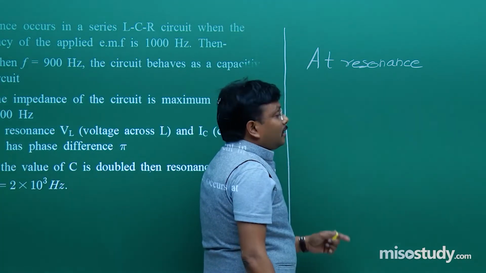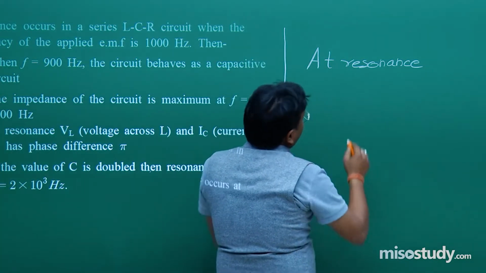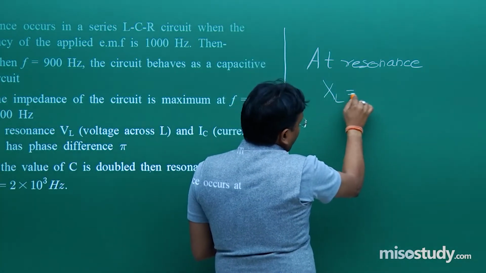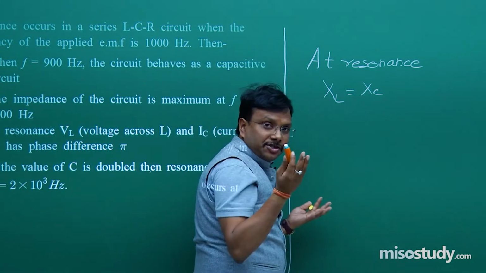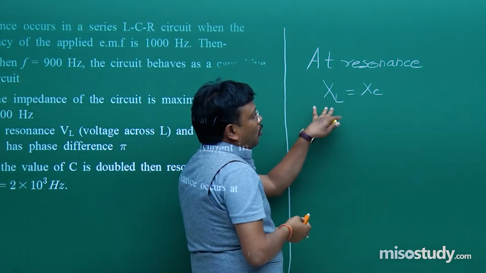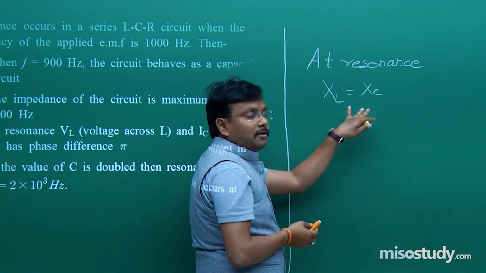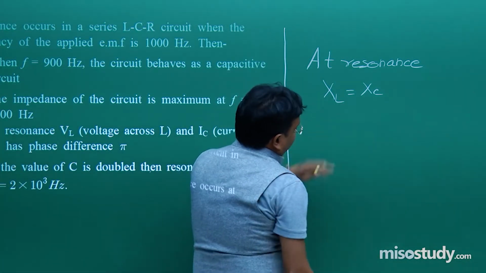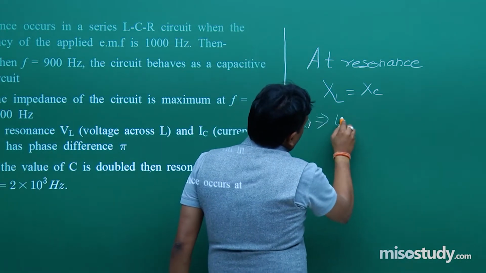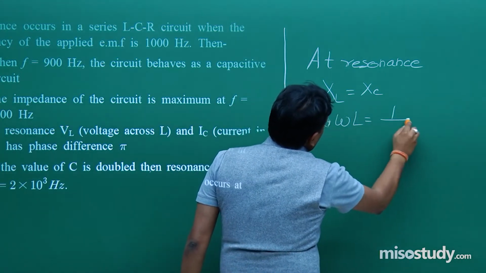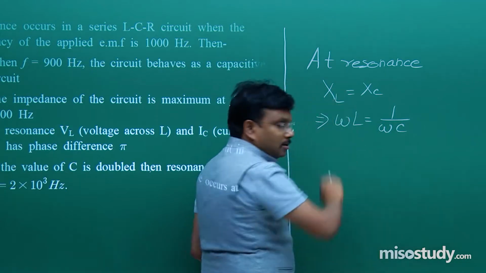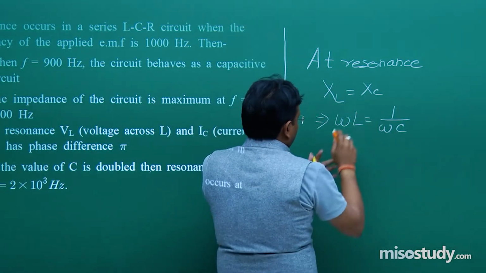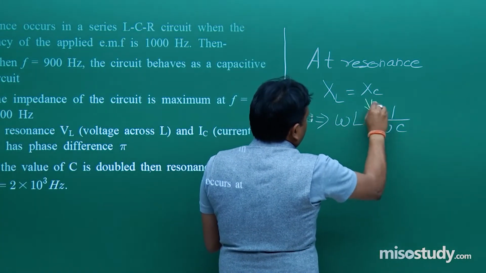at resonance, if I am saying XL is equal to XC, as I mentioned, then definitely you will say omega L is equal to 1 upon omega C. At resonance XL is equal to XC, it means omega L is equal to 1 upon omega C. This equation we are getting directly from this relation.